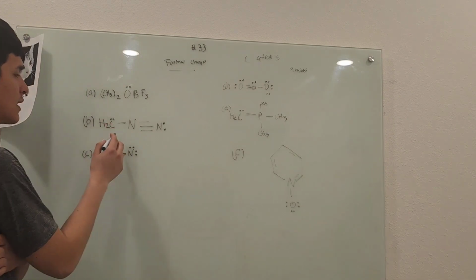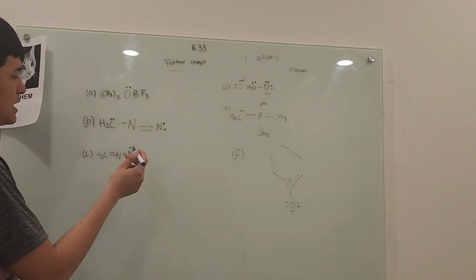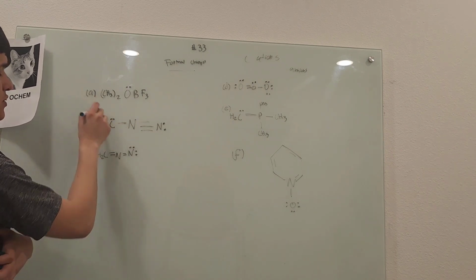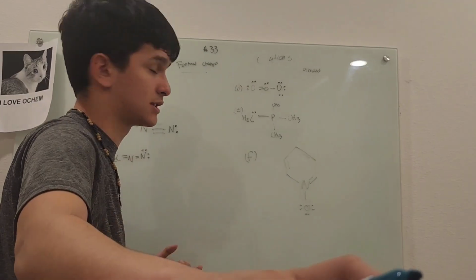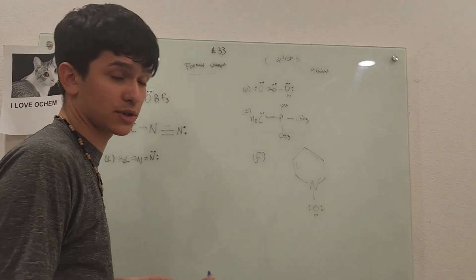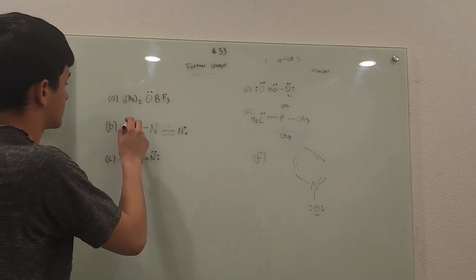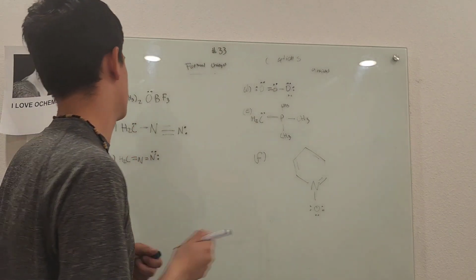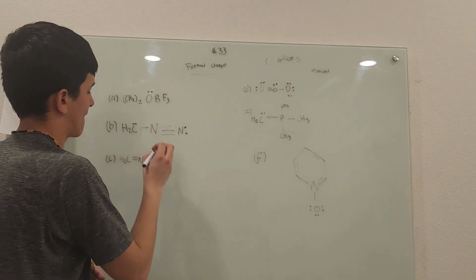So for B, you can imagine the Lewis structure formula. It's just going to be a bond here and a bond here, with a hydrogen on each side. I know green is not visible, I apologize for that, I'll get a better marker for the next video. So it's going to be missing a bond, so the charge is going to be -1.